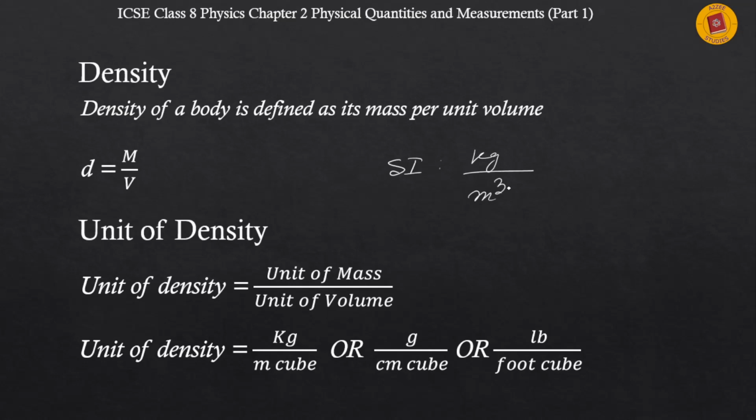While writing we generally write kg slash meter cube, or another form of writing is kg meter to the power minus 3. This is also kg per meter cube. Both are correct.